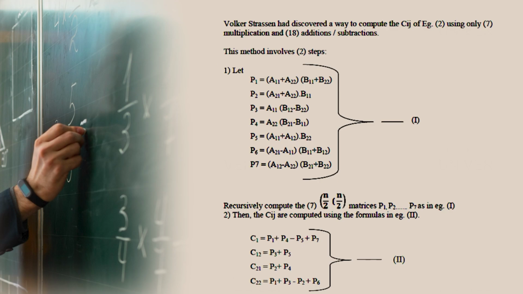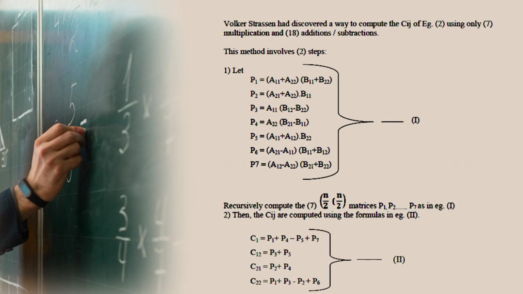Okay. You can see an example for it as well. If you follow these 7 magical steps, that is P1, P2, P3, P4, P5, P6 and P7, and you are able to arrange your matrices in this format, you have to perform fewer calculations as compared to the previous method.